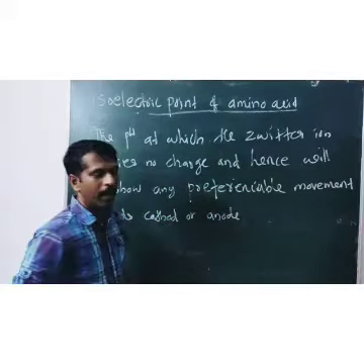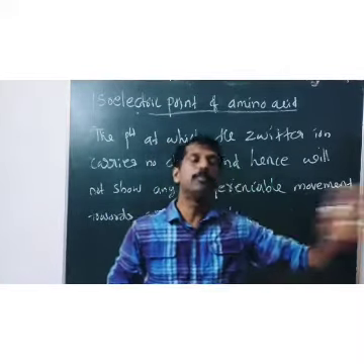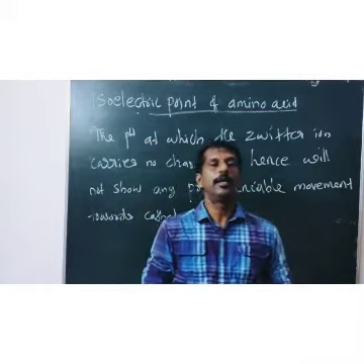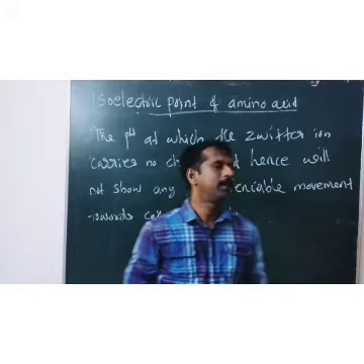It will not move at a particular pH. The zwitterion will not move towards the cathode or towards the anode. That particular pH is known as the isoelectric point. Okay.